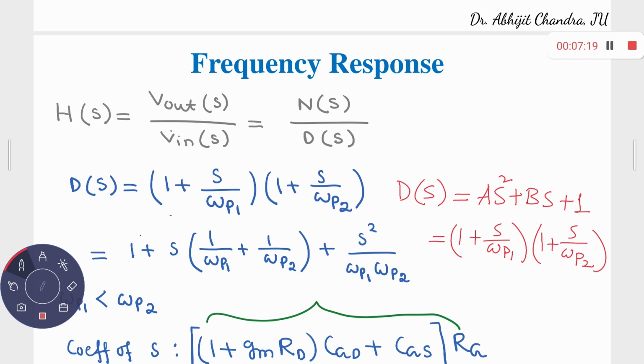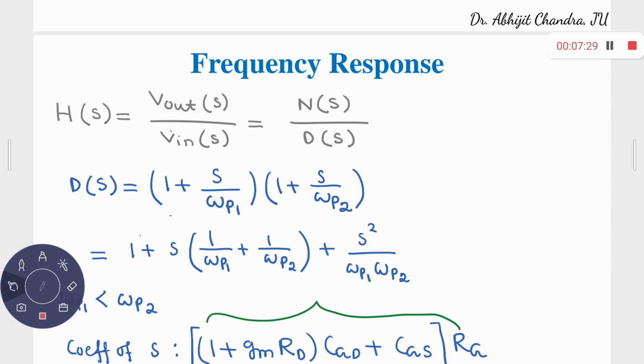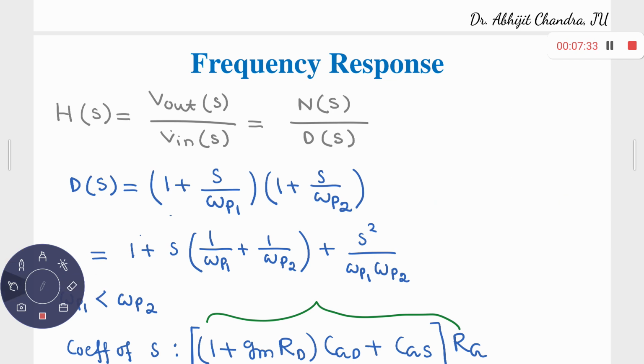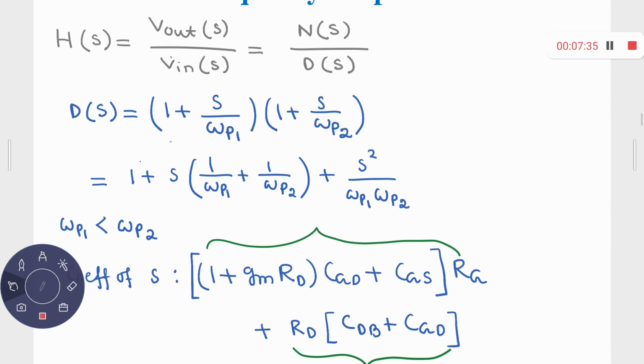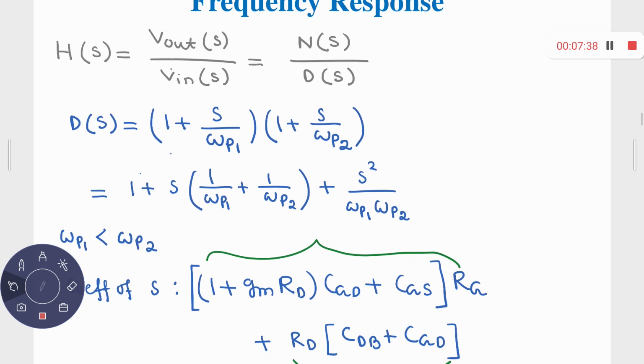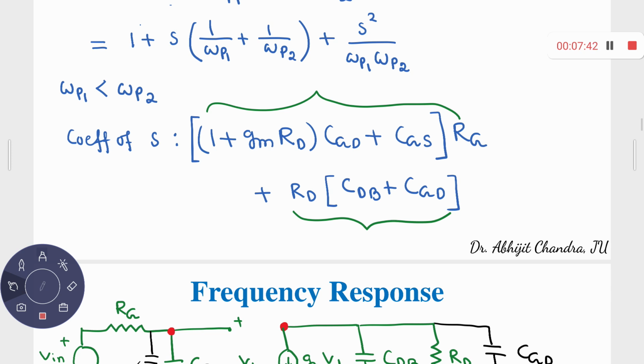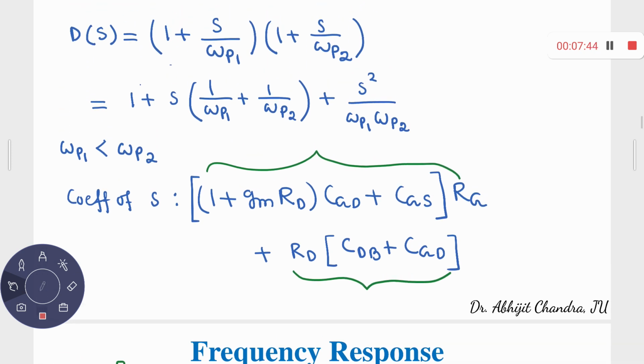Now when s reaches this omega p1 value, what will be the implication in the corresponding transfer function? What do you expect? Any idea?